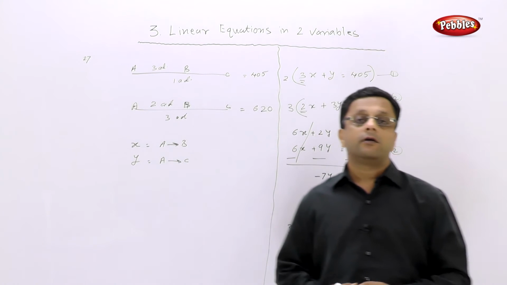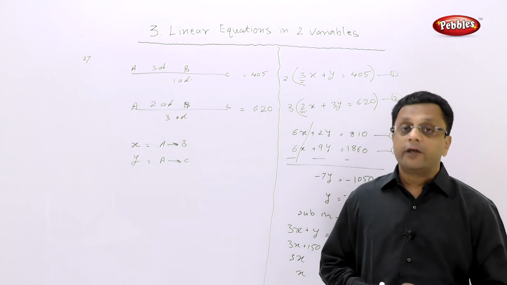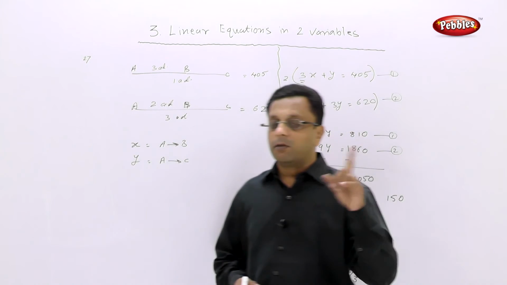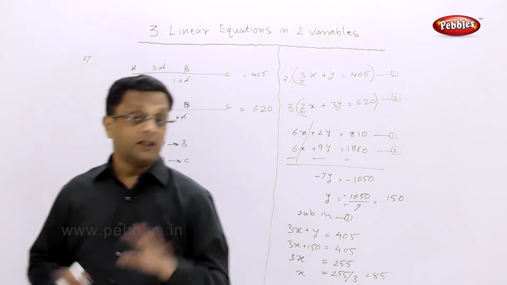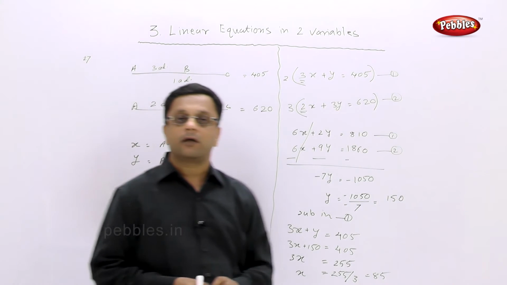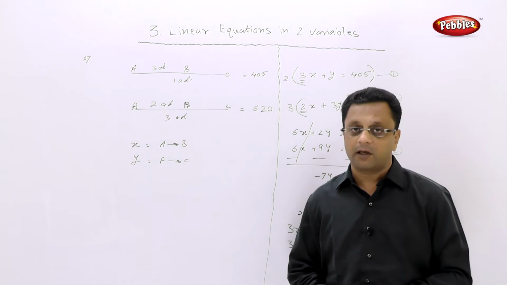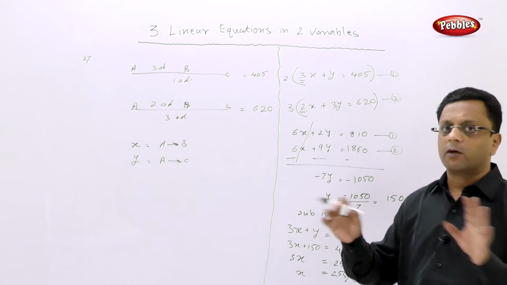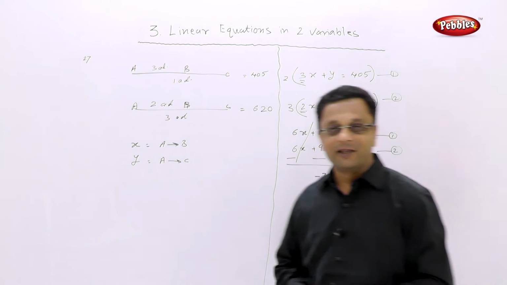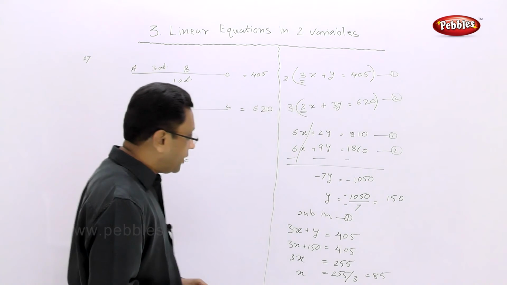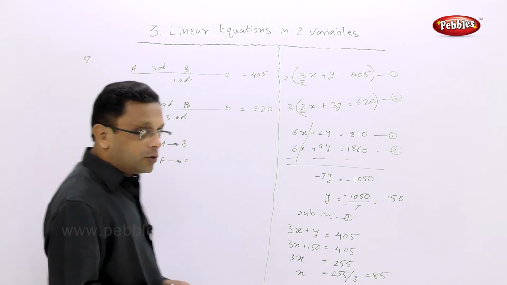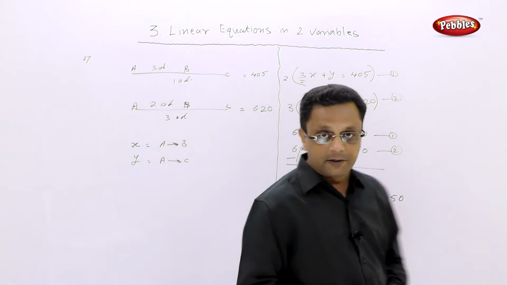If you don't write the unit rupees, 1 mark is cut. At least I will cut the 1 mark. Examiner may not cut the 1 mark, they may cut the half mark, but I will cut 1 mark. Sometimes I give 0 marks for the internal test, not for the final exams. So you have to write the answer in proper wordings.